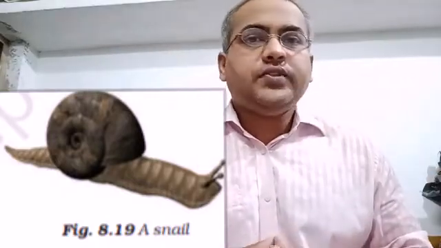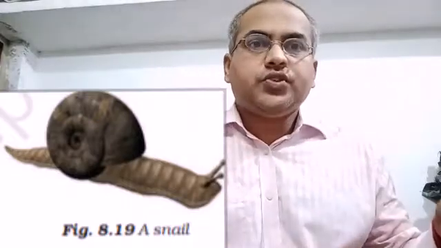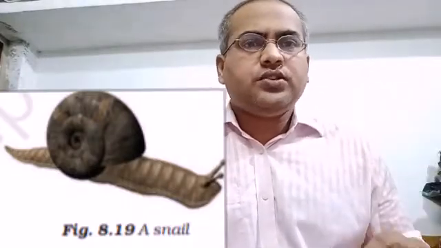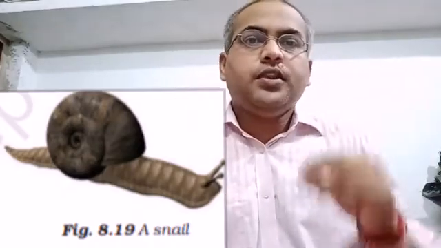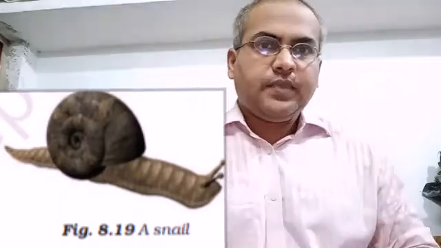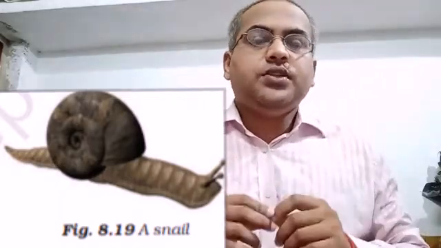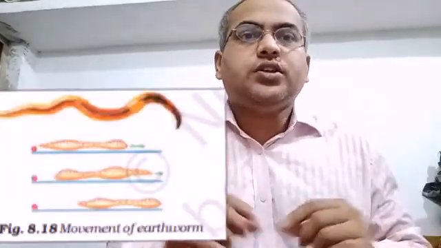It is a very soft and long structure, a thick thread-like structure. But if you observe properly, the body is made of ring-like structures, or segments. Before the discussion of movement, I want to discuss a little about the structure of the body.